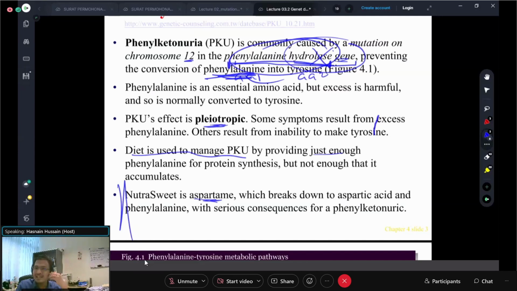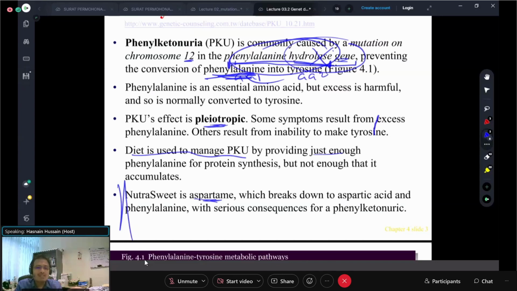Because they are diabetic. But they still want to eat something that tastes sweet, like sweet coffee. But if you eat the normal sugar coffee, you cause diabetes. So they still want to have that sweet coffee. So they take coffee with aspartame.